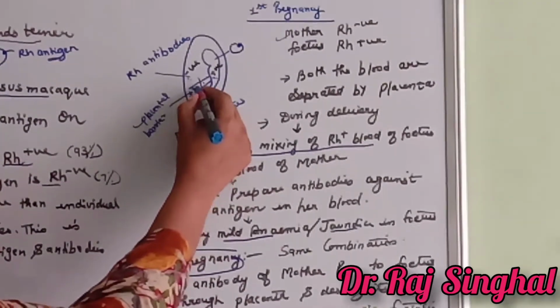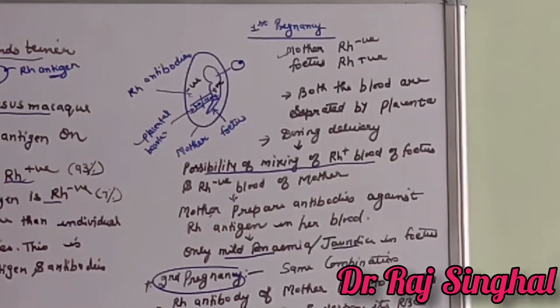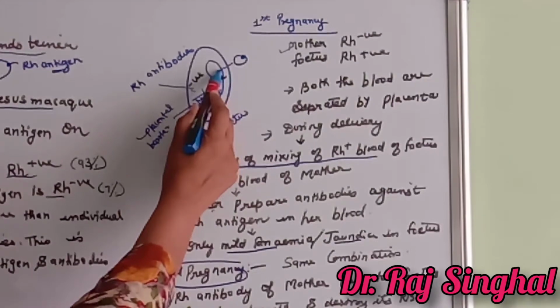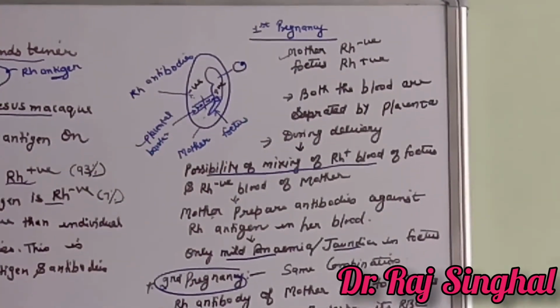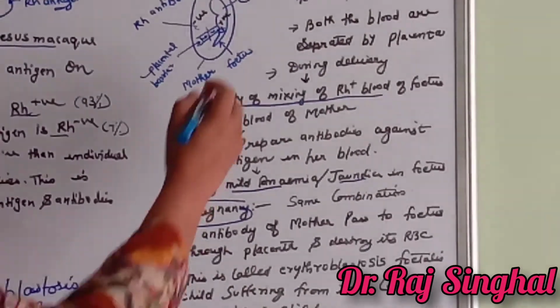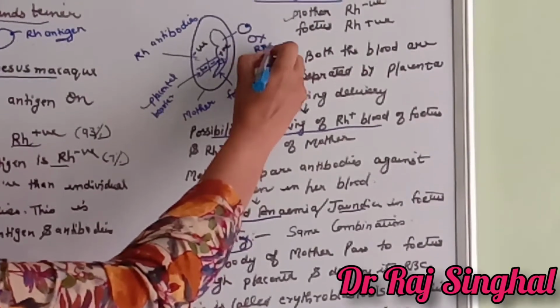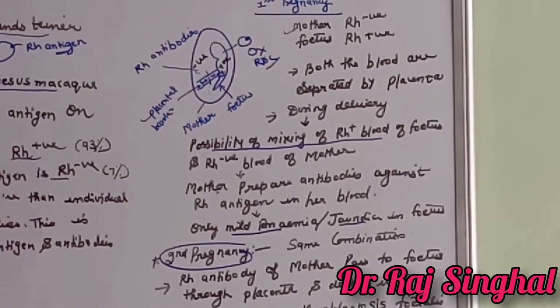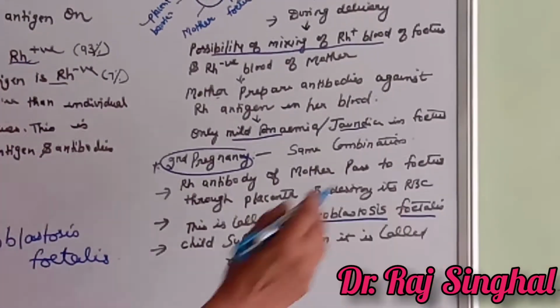These antibodies are transferred through the placenta to the fetus. In the fetus, these antibodies react with the RH antigen and cause agglutination. This agglutination results in destruction of RBC. Because of this, the disease is known as erythroblastosis fetalis.